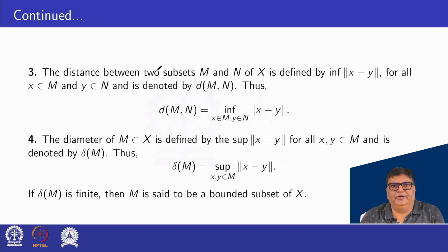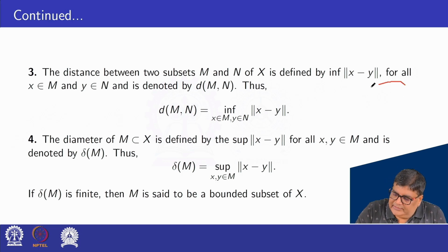Third, the distance between two subsets M and N of X is defined by the infimum of norm x minus y for all x belonging to M and y belonging to N, and denoted by d(M,N), that is, d(M,N) is equal to the infimum over x belonging to M and y belonging to N of norm x minus y.